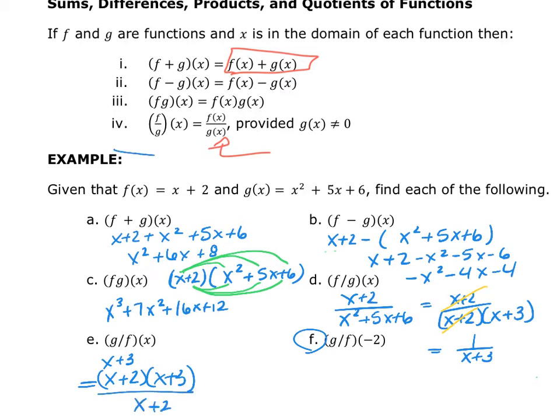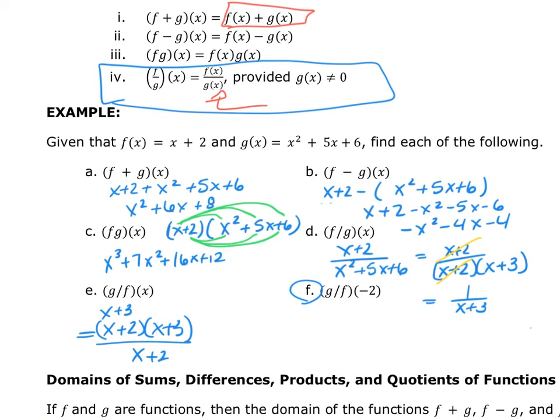We get to do that division provided g of x does not equal 0. G of x cannot equal 0 because if I were to put in a negative 2, I would be trying to divide by 0.